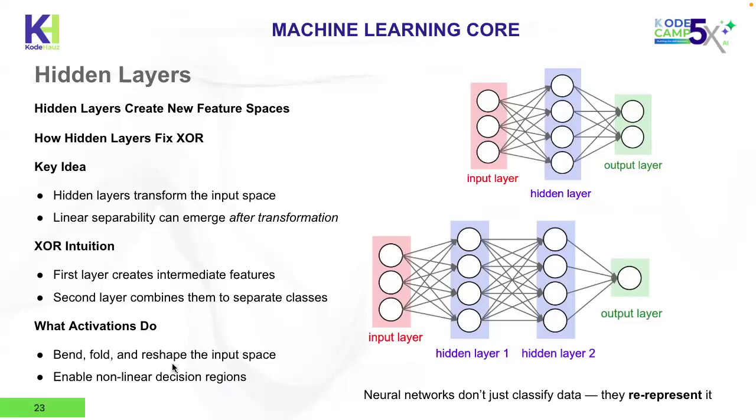They introduce the non-linearities that allow the input space to be bent and folded and reshaped in such a way that the linear combination can now be projected into a hyperplane.